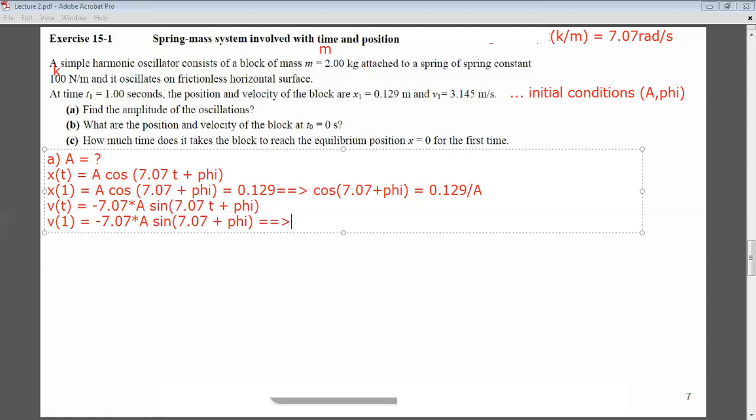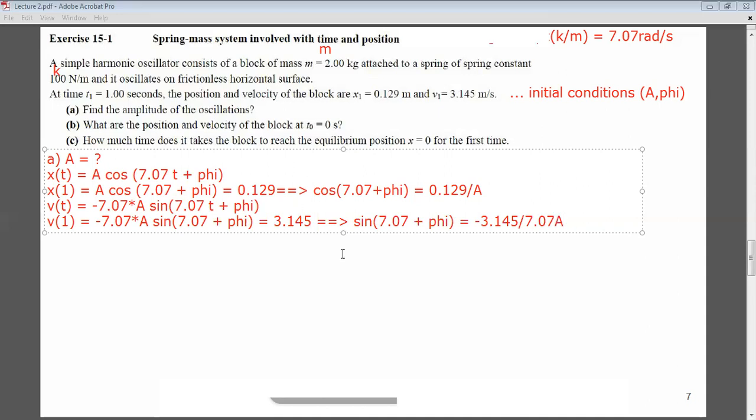Okay, so what do I get from here? And this is equal to, it's given 3.145. What does this give me? This gives me sine 7.07 plus phi is equal to minus 3.145 divided by 7.07 times A.